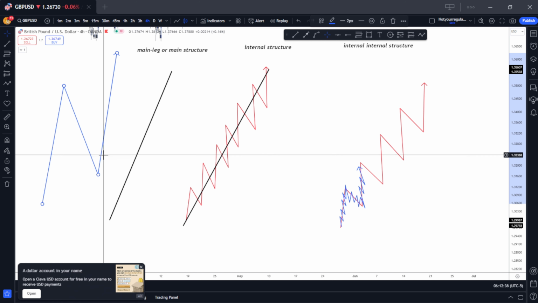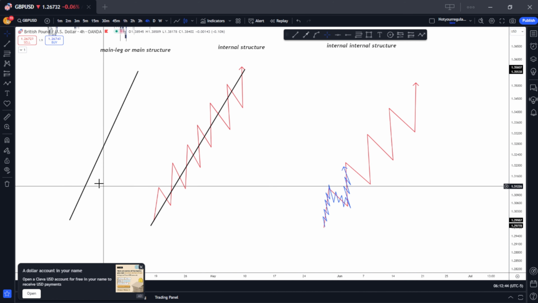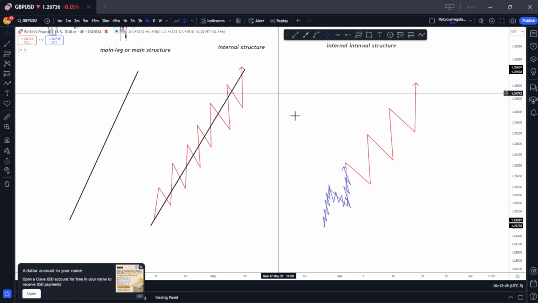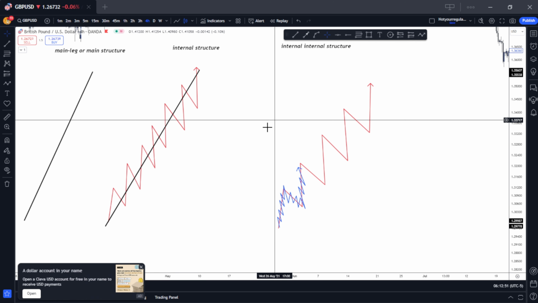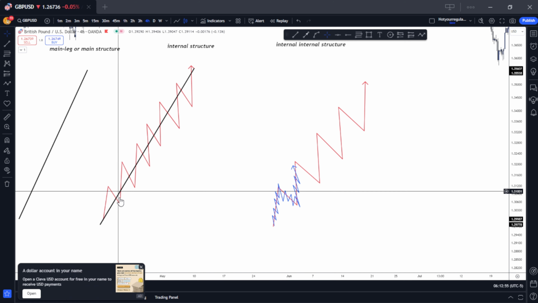This is our main structure, or our main leg. Then the internal structure is what forms this main leg, or this main structure. Then the internal structure is what forms this internal structure.